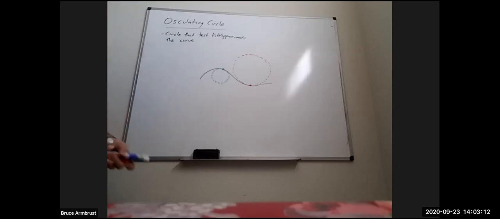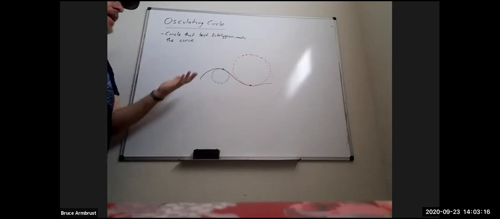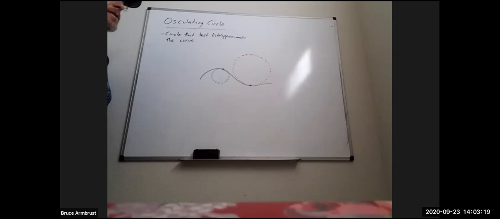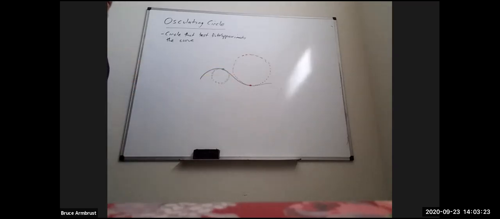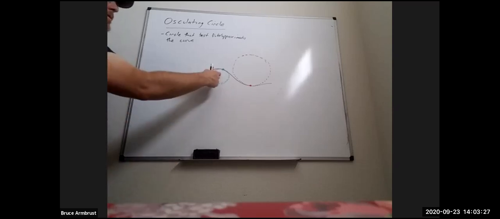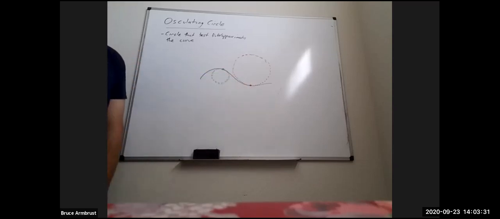Now, I want you to notice something here. Already you can see something that's different about the osculating circle depending on curvature. I had two different points on my curve. Which one has a bigger curvature, do you think? The green with the smaller circle or the red with the bigger circle? The green one.